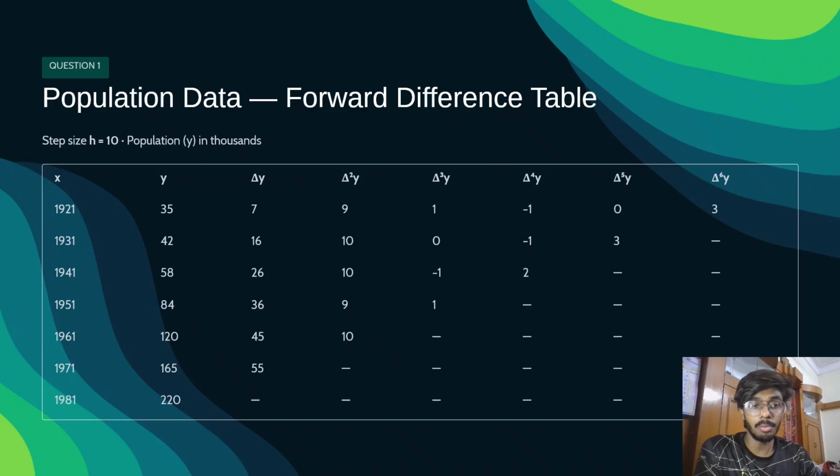For the forward difference table, we write down all the years and the corresponding population sizes, and we apply the formula for forward differences. We find the forward difference table for del y, del square y, del cube y, del to the power 4y, del to the power 5y, and del to the power 6y.